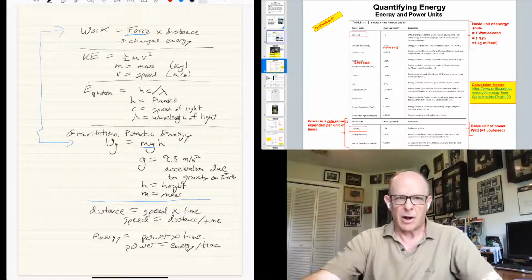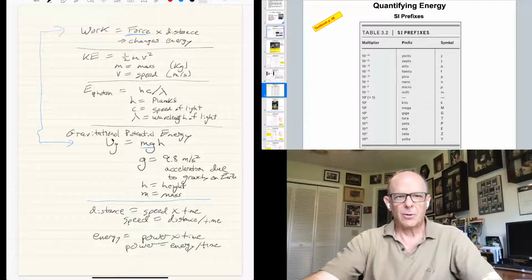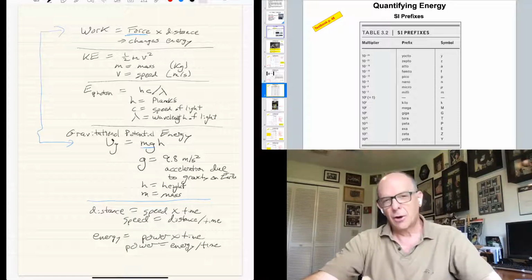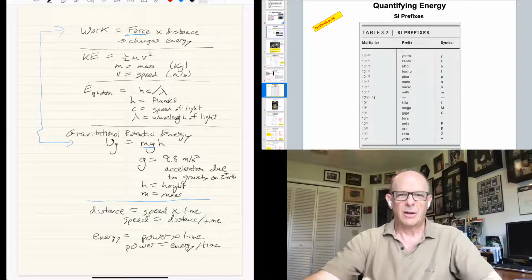You don't need to memorize these units, but as you get familiar with them, it can be handy to have some of them in mind, but you can always look them up. Just the history of the horsepower. You also don't need to memorize these, but I strongly encourage you to memorize some of these prefixes, in particular milli and micro on the small side.